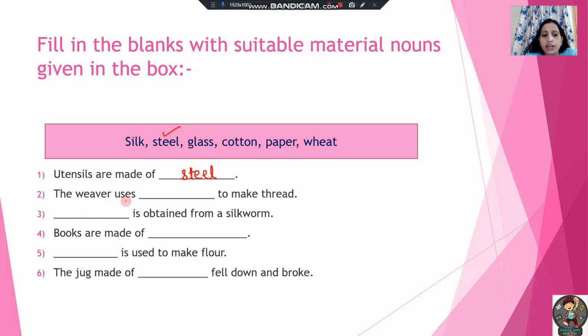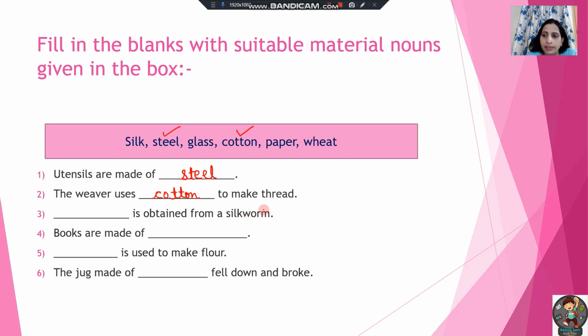Next, the weaver uses dash to make thread. Weaver क्या use करता है thread बनाने के लिए? So we will check and we will find that the suitable material noun will be cotton. So we will write cotton here. Now the next is, dash is obtained from a silkworm.